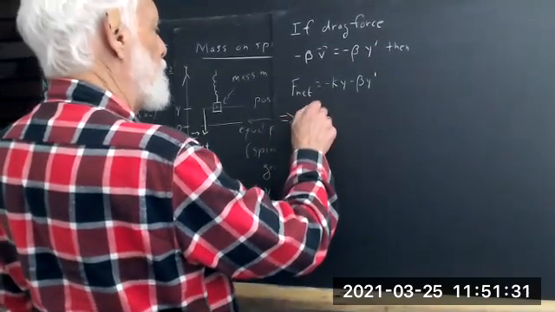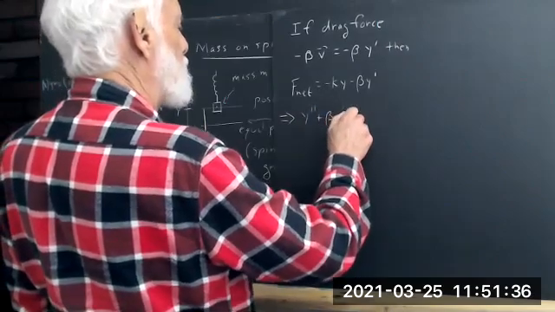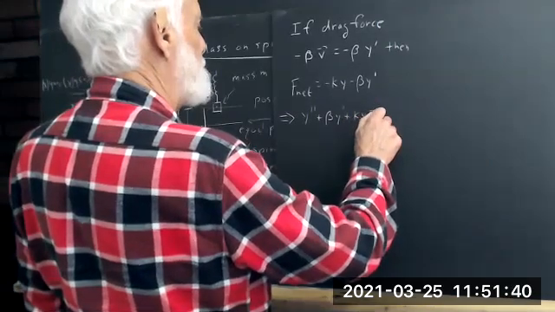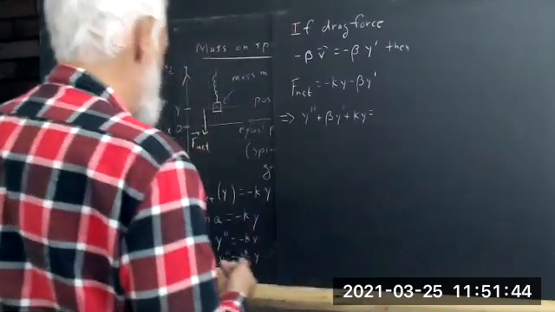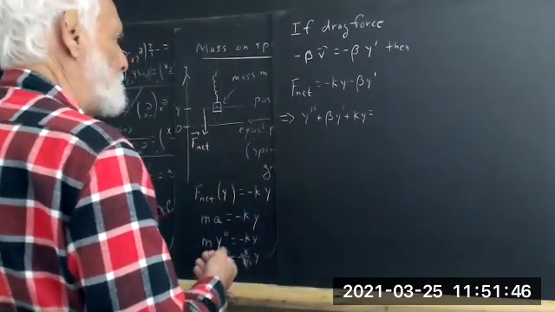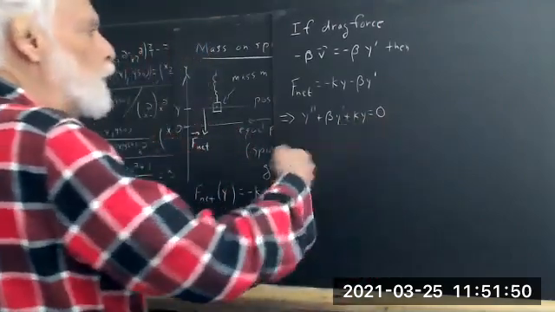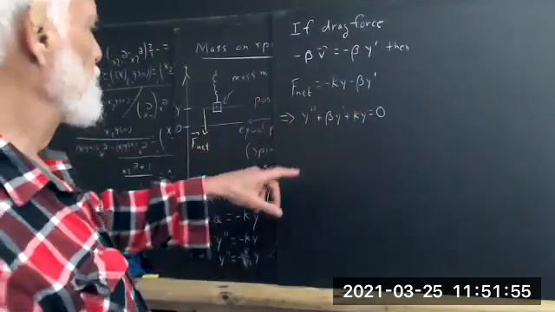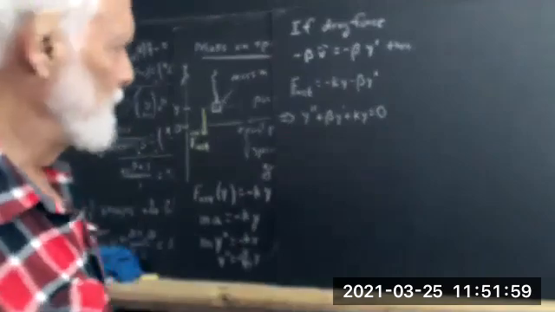This implies the equation y double prime plus beta y prime plus ky equals, well, it equals your net force. Well, we're going to say it equals 0. Okay, we're going to say there are no other forces. So y double prime will equal this, so that this sum equals 0.